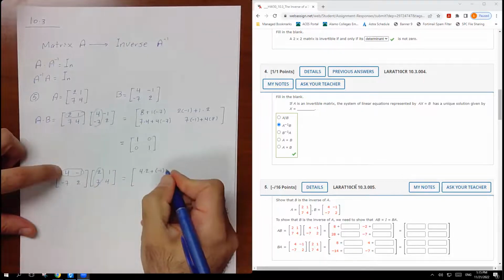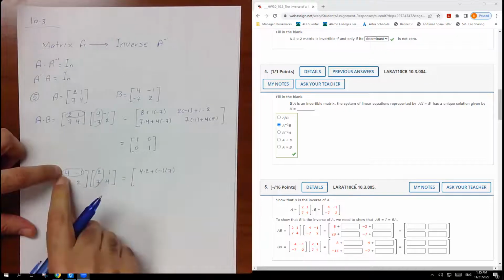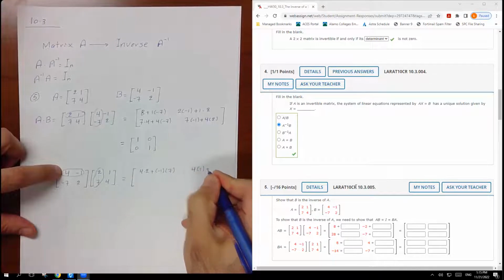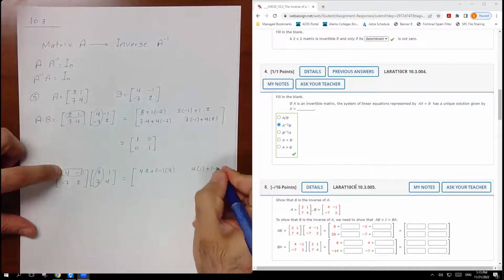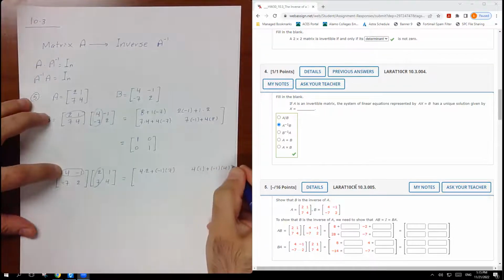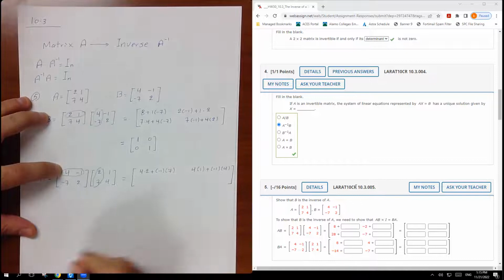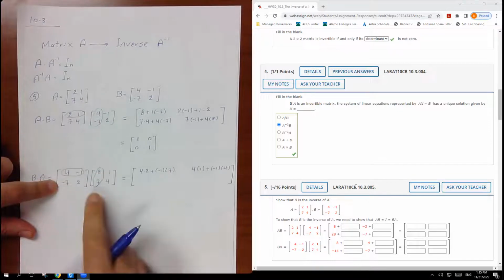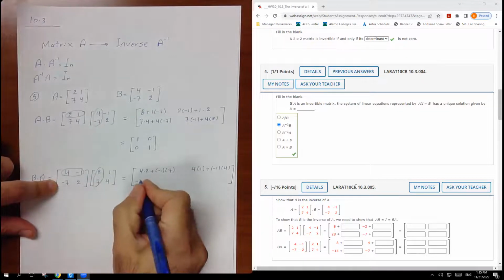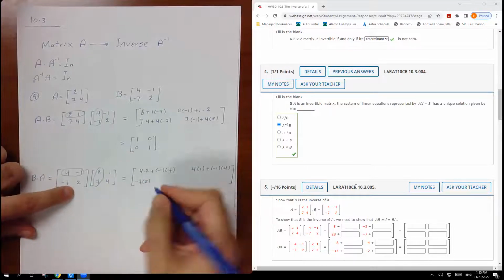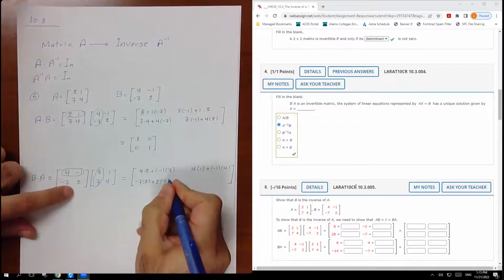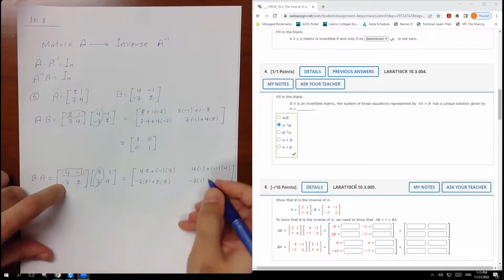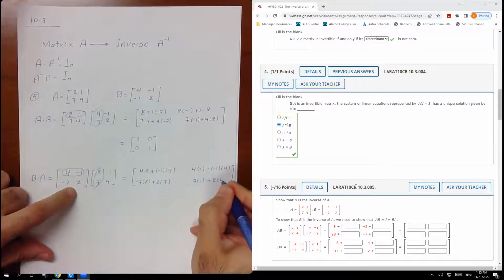The first row with the second column: 4 times 1 plus negative 1 times 4. Now the second row with the first column: negative 7 times 2 plus 2 times 7. And the second row with the second column: negative 7 times 1 plus 2 times 4.